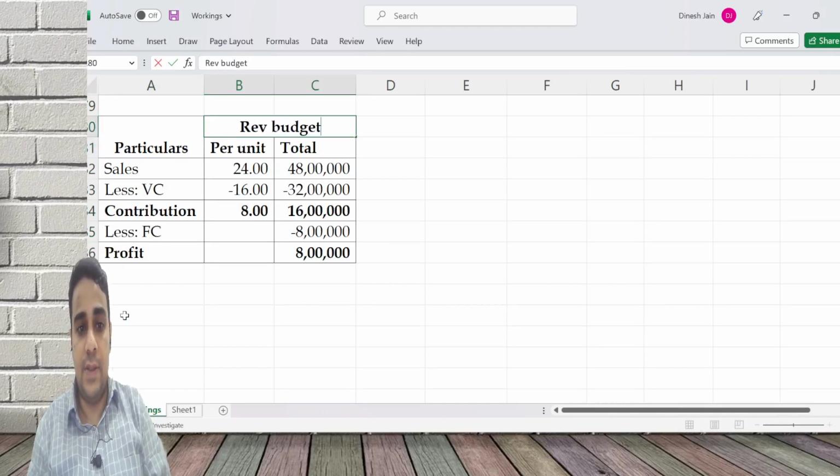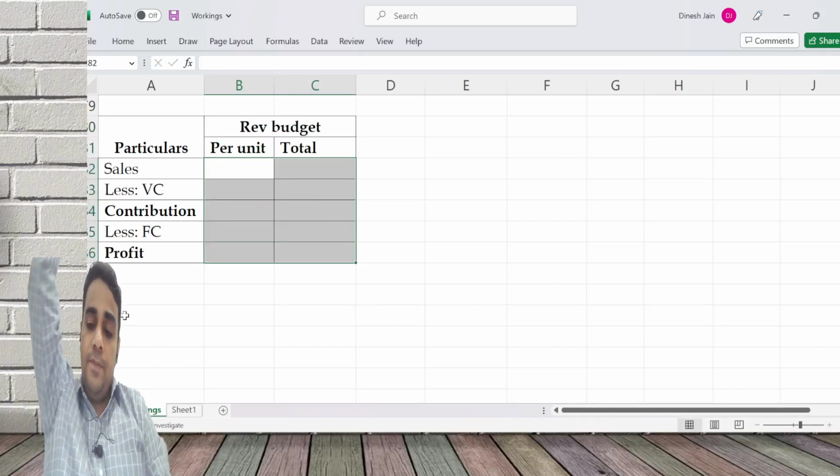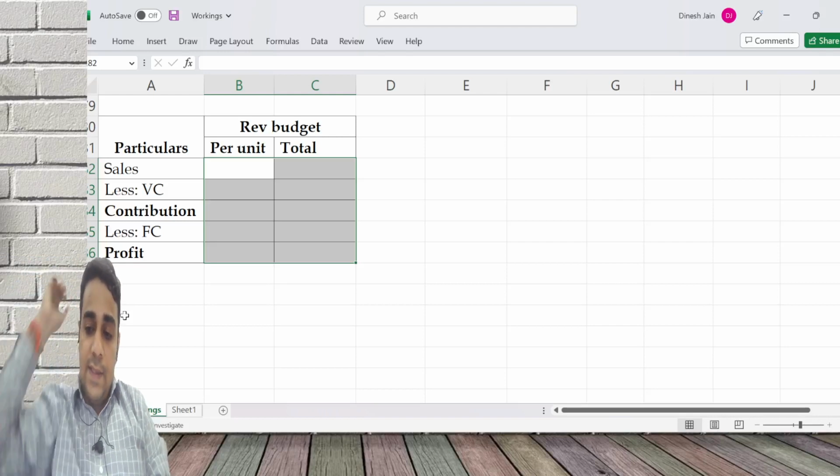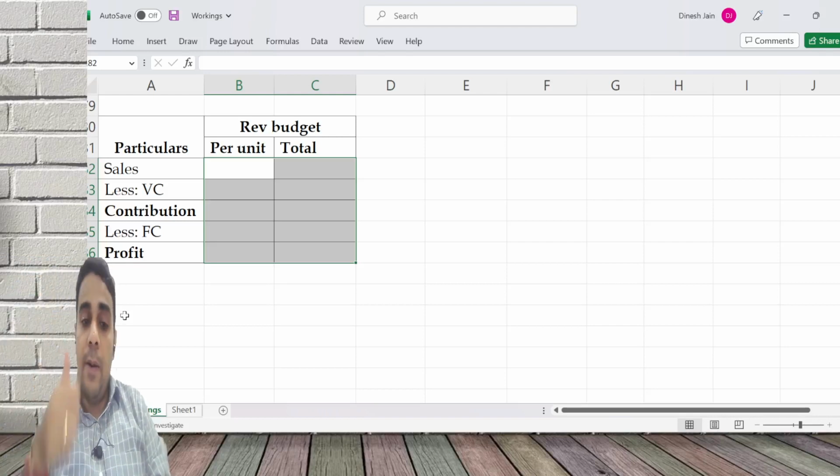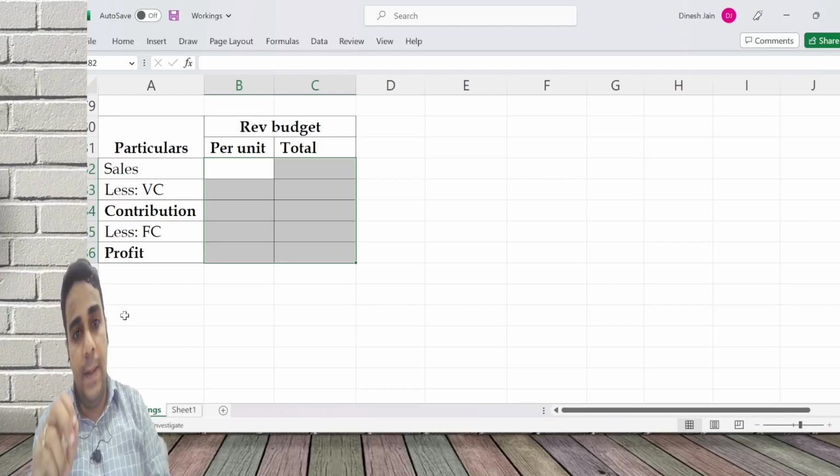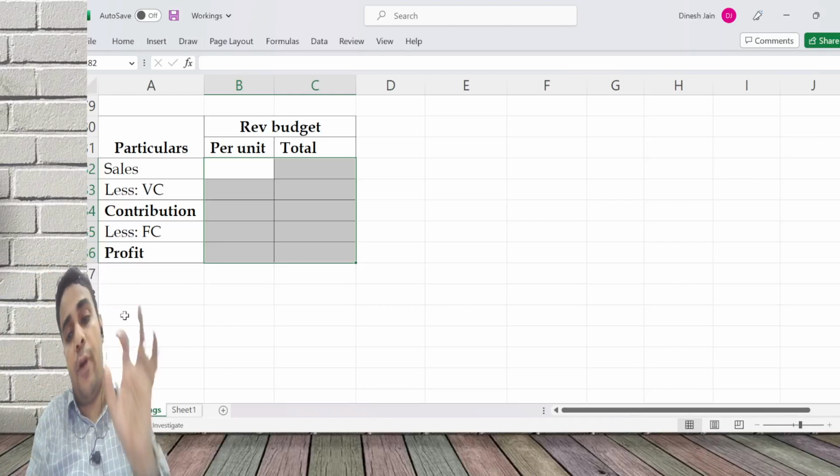Revised budget. Write the heading: particulars, revised budget per unit and total. Selling price is to be reduced and profit is to be increased. Both things have to happen. I want selling price to come down and profit to go up.